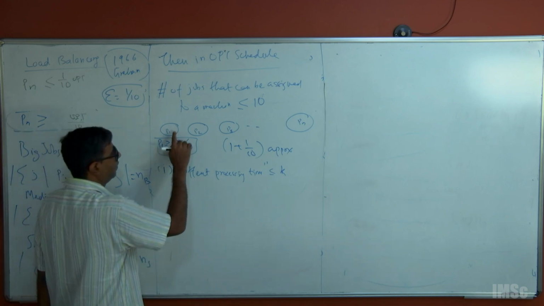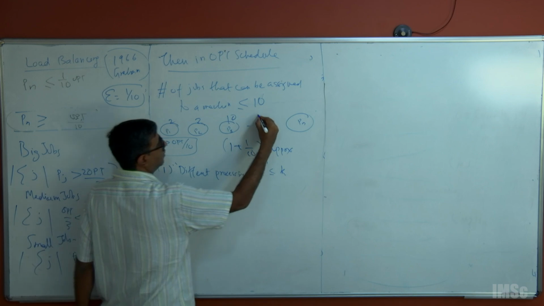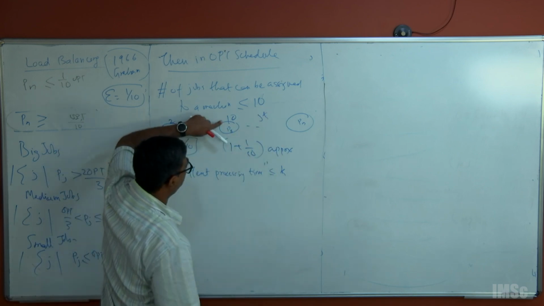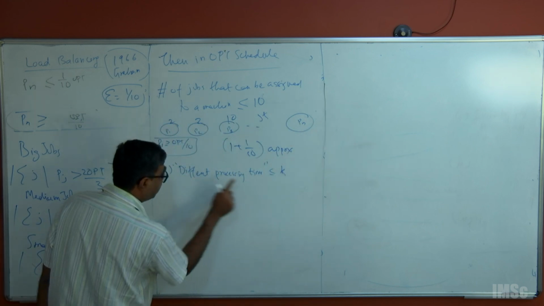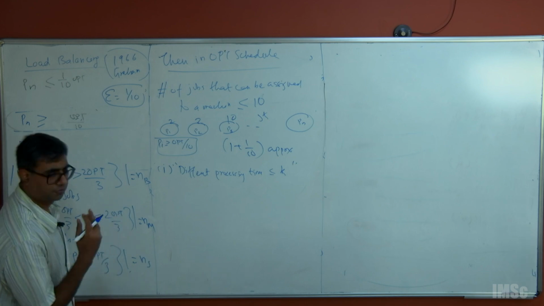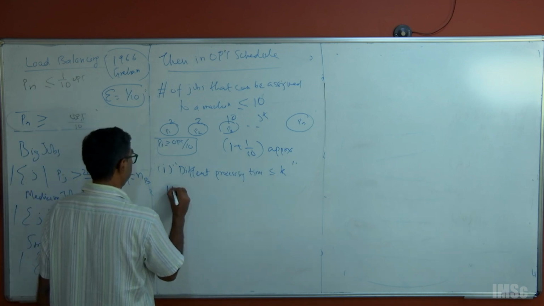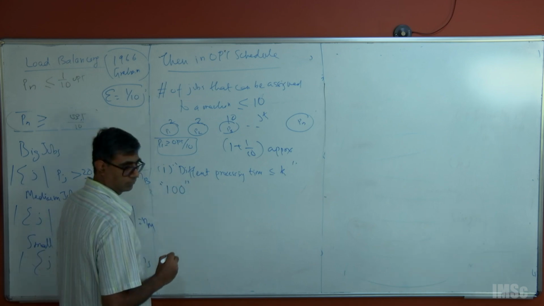For example, there are n processing times, but this could be 2, this could be 2, this is 10, 15. They have the same processing time, but this job has a different processing time. So the number of different processing times is upper bounded by k. For our case, let's take the number of different processing times bounded by 100, for example.